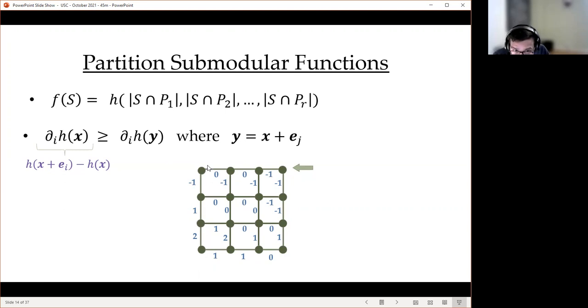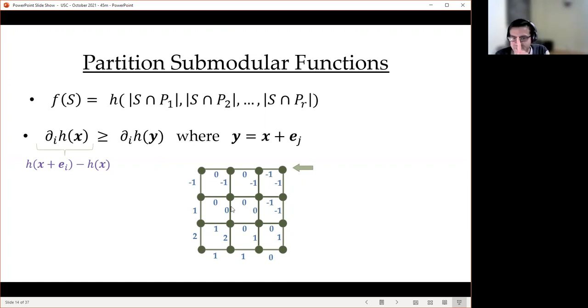Similarly, if you go up anywhere, the function values can only decrease: 2, 1, -1; 2, 0, -1; 1, 1, 0, 0. And this is just in 2D, but in arbitrary dimensions, that's what submodularity is saying. So decreasing marginal utilities mean, in a picture like this where I'm describing the function by the marginals, that I have diminishing values in every direction I go in the positive order.